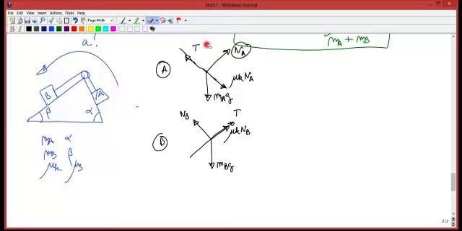And this will allow us to write two equations for A, two equations for B. That's four equations, dealing with four unknowns: NA, NB, T, and acceleration. If we didn't make that assumption about the massless pulley, we'd be screwed. We would have too many unknowns. We should go home. Okay? Or we need to find more equations. That's what we will do in chapter 10. But until then, we're stuck with four.